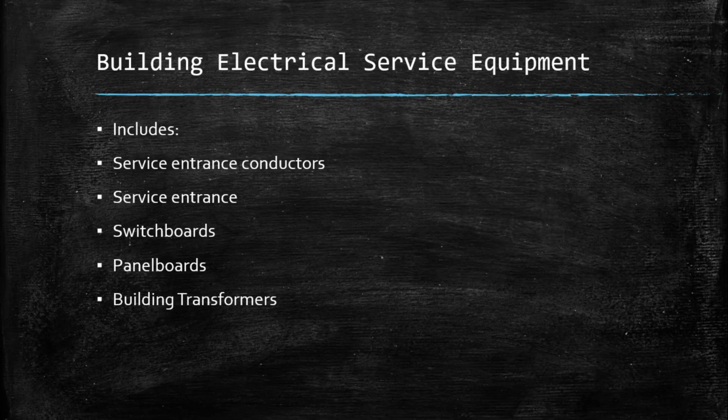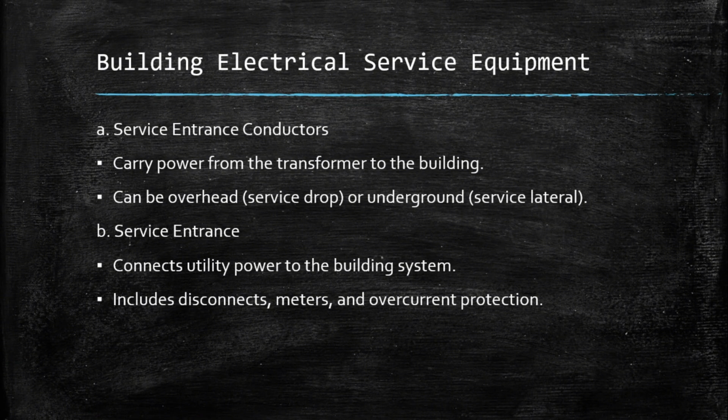Next, we have building electrical service equipment. Once electricity reaches a building, it passes through several components: the service entrance conductors, service entrance, switchboards, panel boards, and building transformers. Service entrance conductors carry electricity from the transformer to the building.